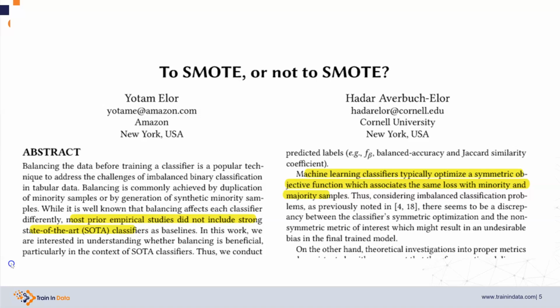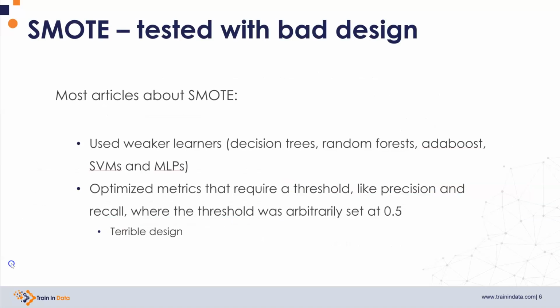And the first thing that came out of this article is that most of the articles that discuss SMOTE or any of the variants of SMOTE used weak learners like decision trees, random forests, AdaBoost, support vector machines, and multi-layer perceptrons. And not only did they use weak learners, but they optimized metrics that require a threshold, like the precision and the recall.